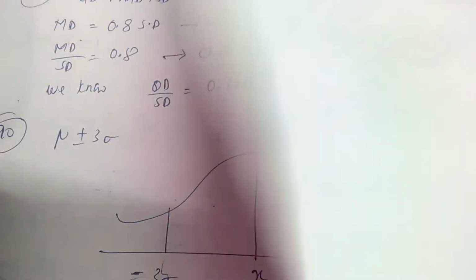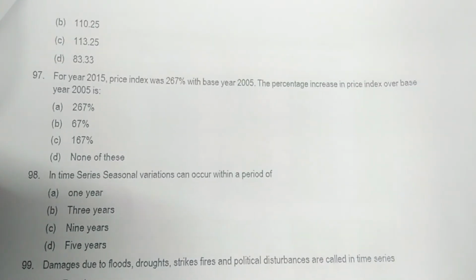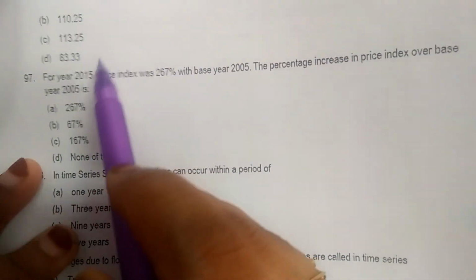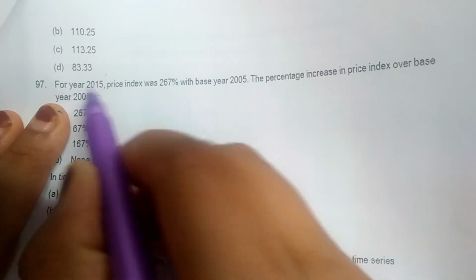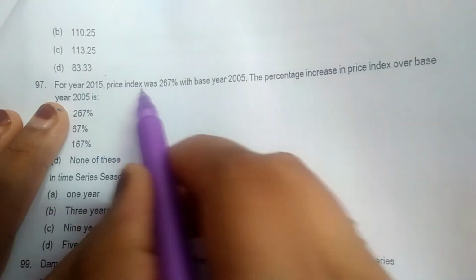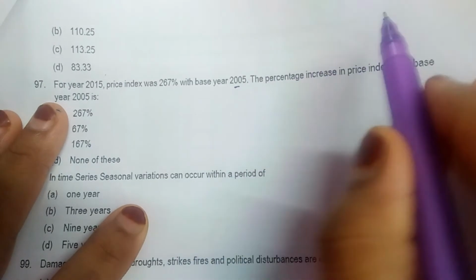In the exam they will give marks for this. Next, for the year 2015, the same price index formula applies. For the year 2015, the price index was 267% with the base year of 2005.